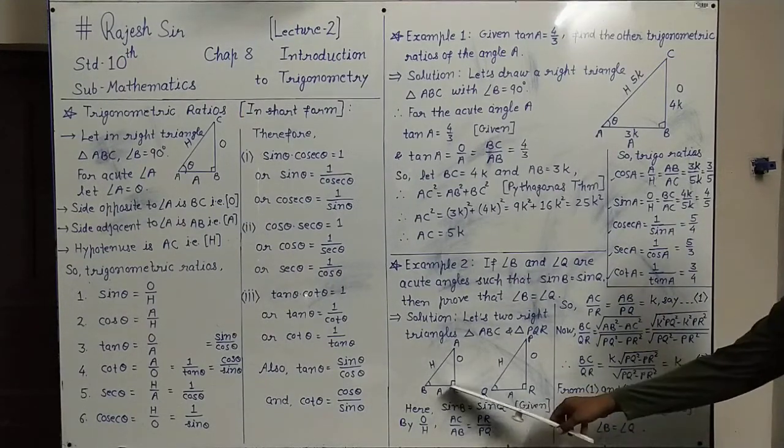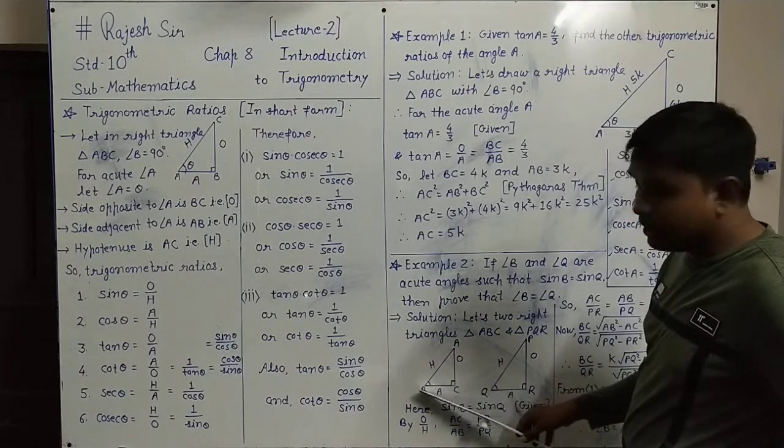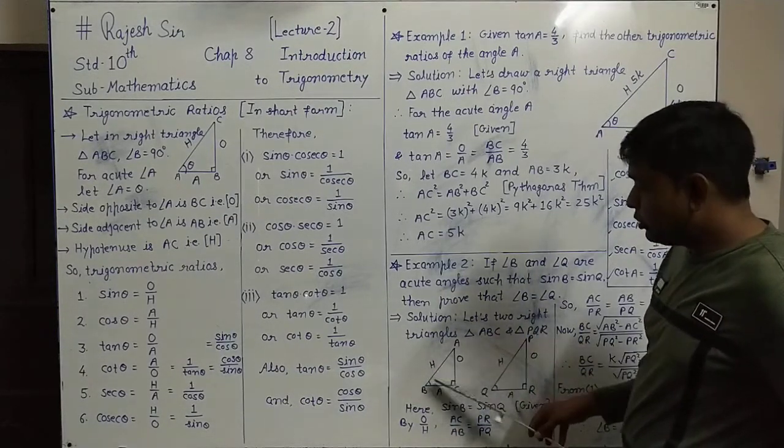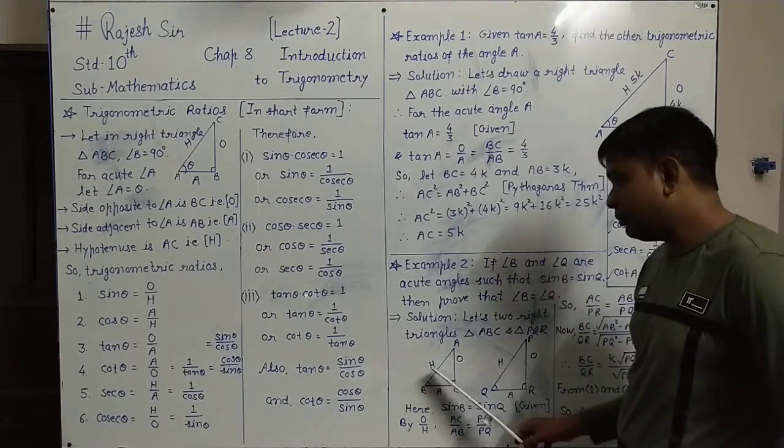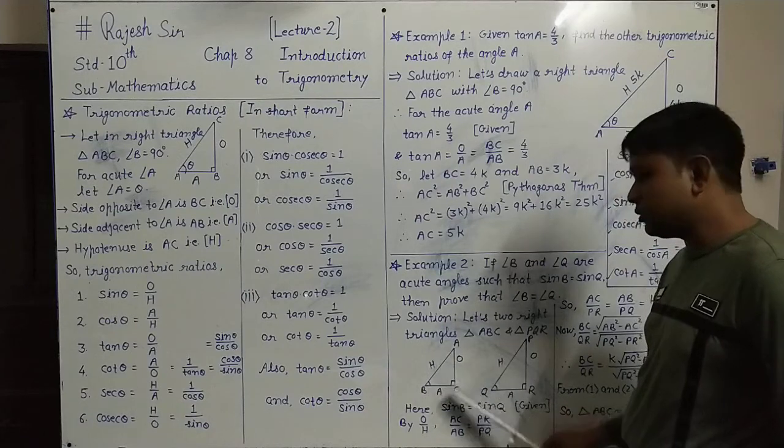BC is one of the sides of this right triangle, and AB is the hypotenuse. By the Pythagoras theorem, AB square equals the sum of the squares of the other two sides, BC square plus AC square.